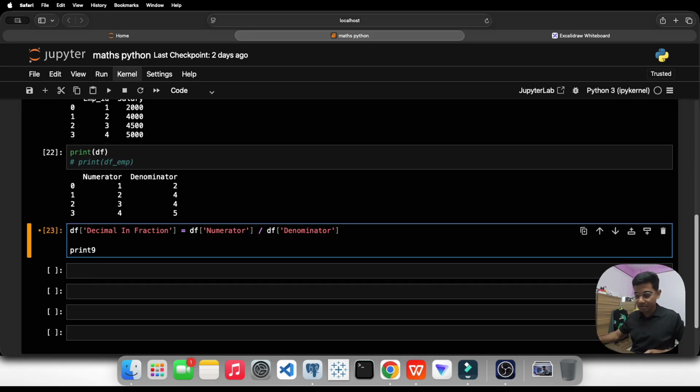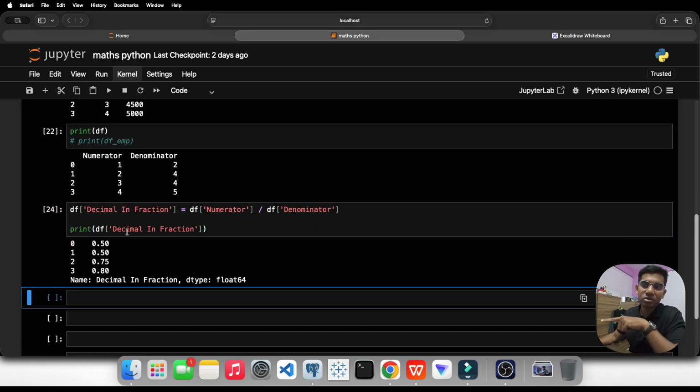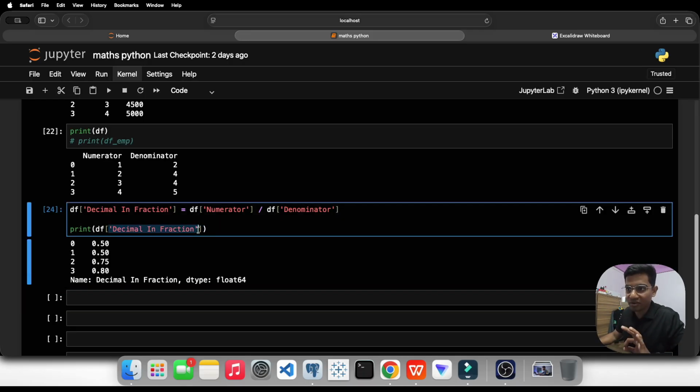You will say print this column. And how do you represent a column? Data frame name with box bracket, inside that you have to write the column name, right? Once you execute it, you have received the data for the column name that you have written, right?